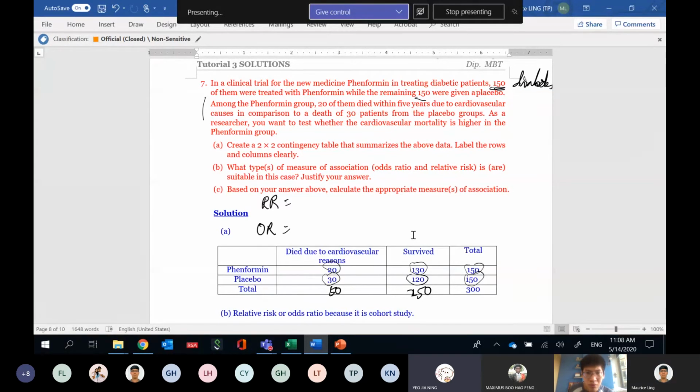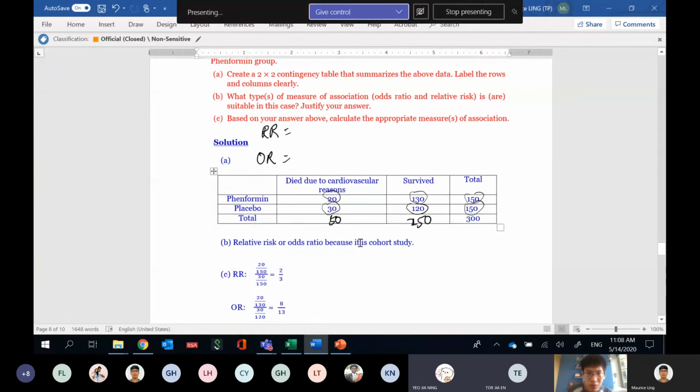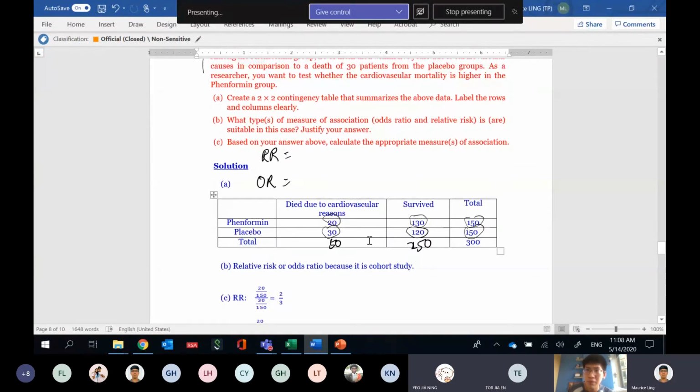Sure, is the relative risk 0.615? 0.615, correct. Okay. Do you know? Odds ratio.